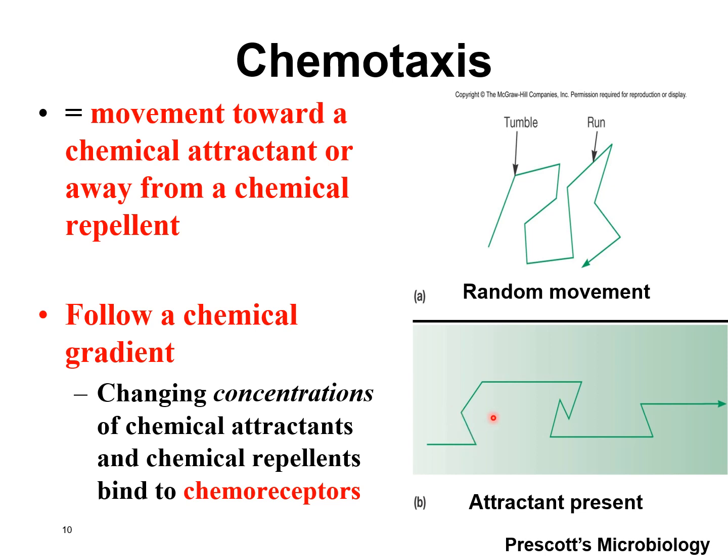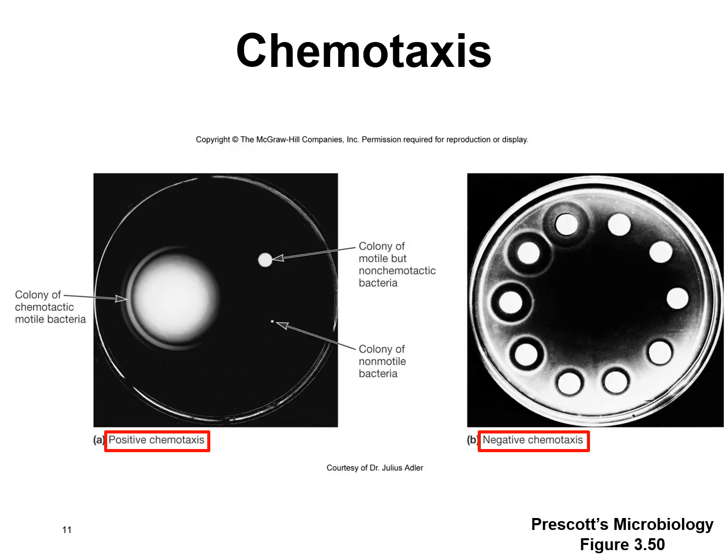They do another tumble, straighten out again, and do another run, and so they eventually make their way to the food, but not in a direct straight line. So that's called chemotaxis.